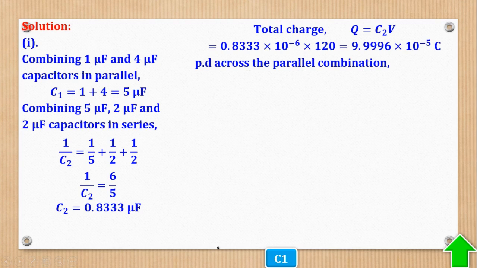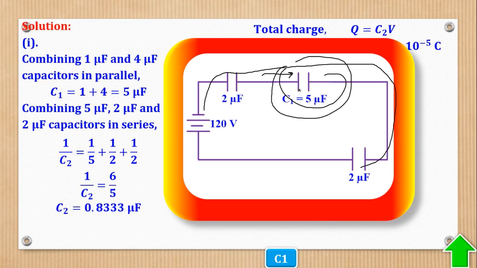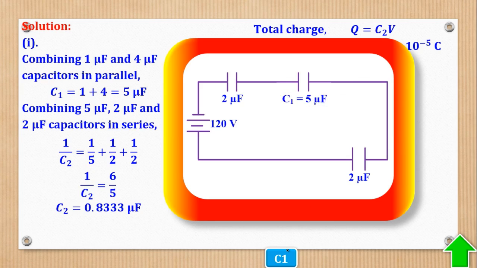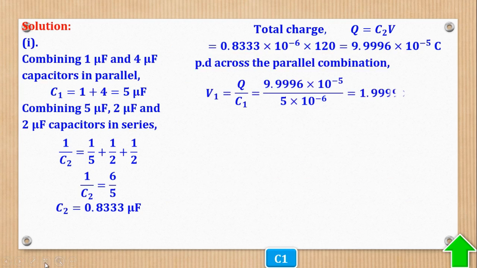Because if you look at this parallel combination, the charge through this will be the total charge, because the one which comes from here goes through here, goes through there, and also goes through there. So the charge at this part is the total charge, and I also know the capacitance for parallel. Therefore, I can easily get the PD across the parallel combination, and it will be this.